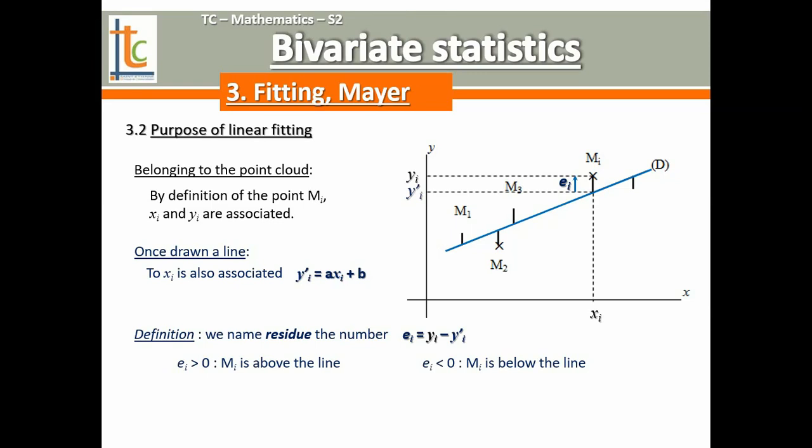Now we will see two methods that consider residues and the way to use them to try to choose a correct line, that is, mathematically, to be as close as possible to the points. There are two methods, Mayer's method and the least squares method. See you in the next videos for that, and thank you, bye.